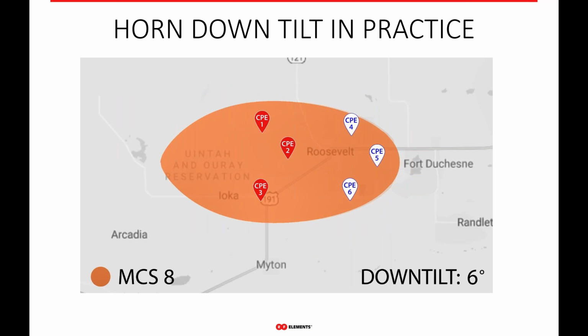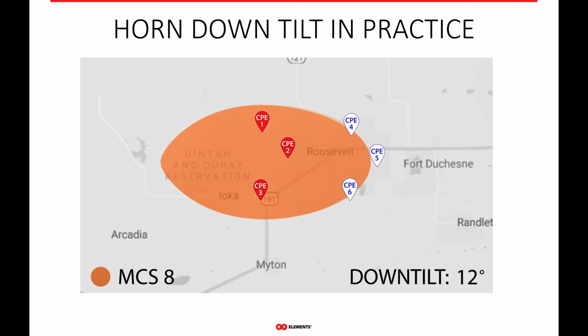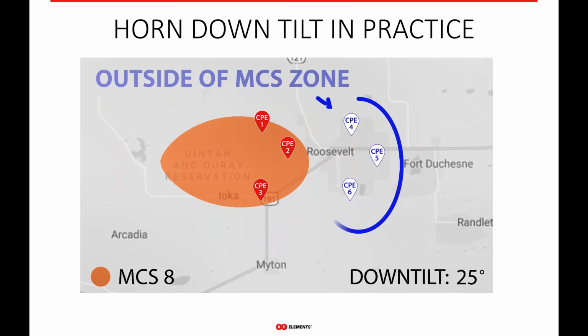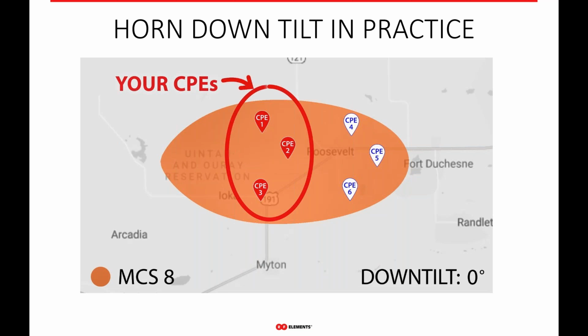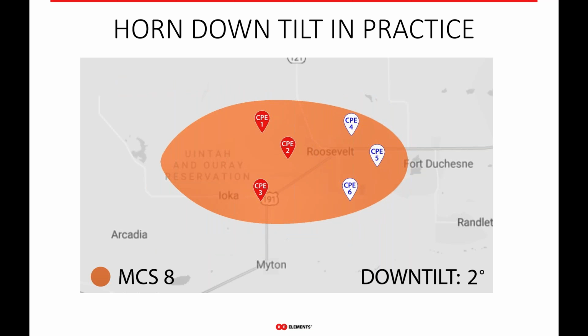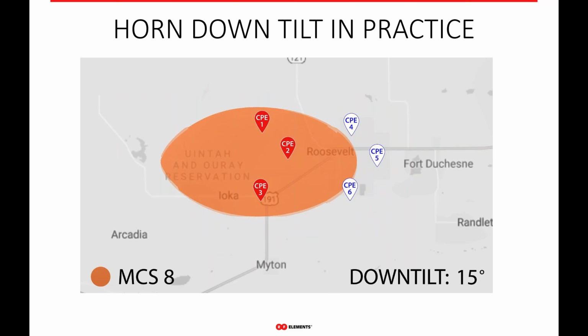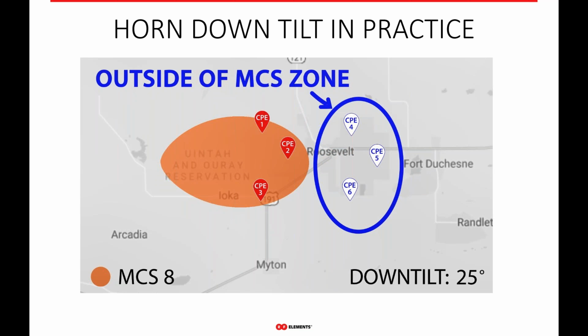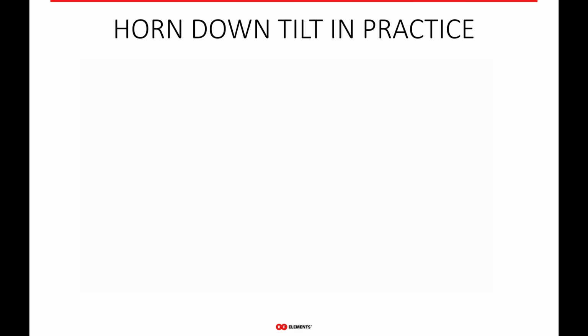You can slowly start to tilt it down, right, and nullify the noise that's out there, but still maximize the MCS zone for the customers you actually want to keep. This principle is valid in general, regardless of whether you have competitive CPEs out there from another WISP or something like that. Just set the down tilt according to your CPE that's the furthest away for that particular coverage area. So it's really quite simple.